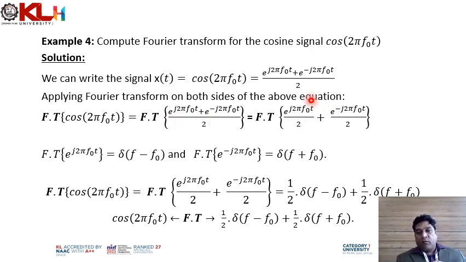The Fourier transform of e power j 2 pi f naught t will be delta f minus f naught from the previous problem, and the Fourier transform of e power minus j 2 pi f naught t will be delta f plus f naught. Now we have to add both of them and divide by 2. Therefore, the Fourier transform of the cosine signal cos 2 pi f naught t will be the delta function delta f minus f naught plus the other delta function delta f plus f naught, all divided by 2.